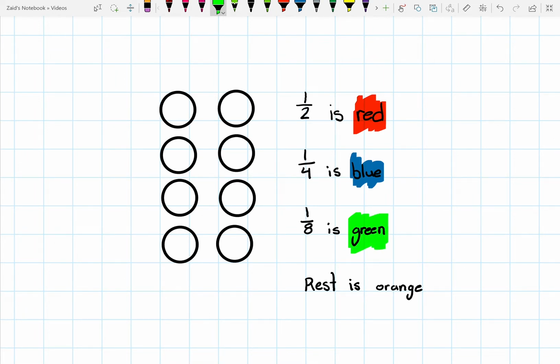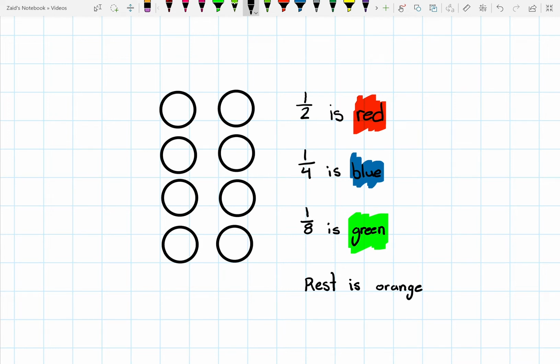What we do is we pick one color first. Since the first one is red, let's start with red. It's saying 1/2. Now I have over here 1, 2, 3, 4, 5, 6, 7, 8. How can I show that half of the marbles are red?